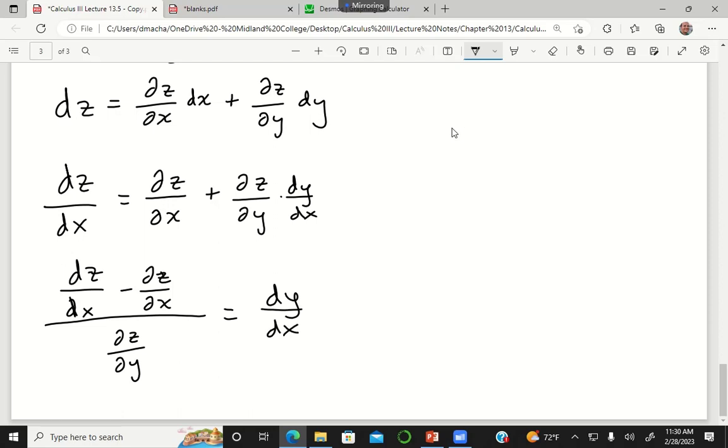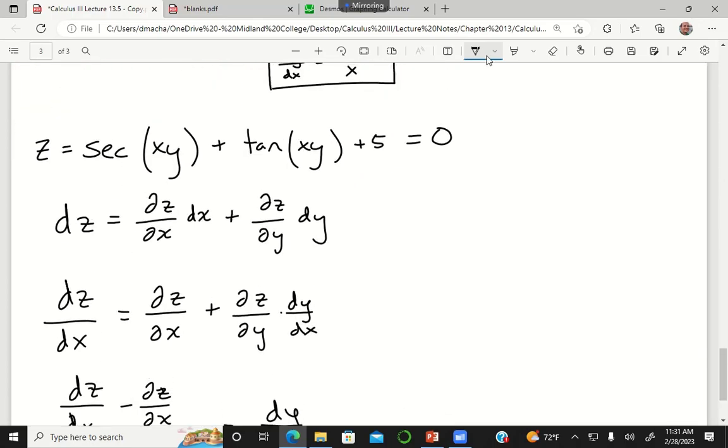Yeah, but we need to take into account that z is 0, so dz dx is 0. Z is 0. Yeah. So you're right. So up here in this equation right here, we basically just said z is equal to 0. So any true full derivative of z has to be constant, right?